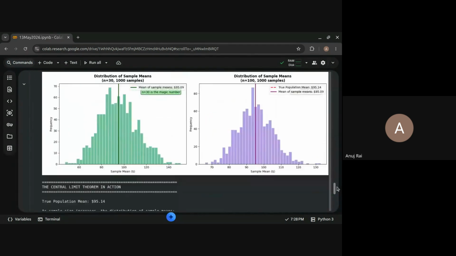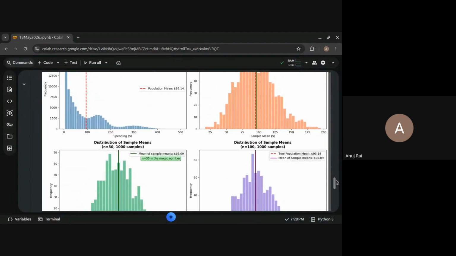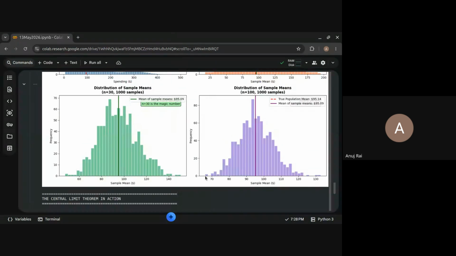Here you can see that if you increase the sample collection process, it tends to form a normal distribution. Here n equals 100. You can see the mean is around the center, and it is not skewed either right or left. It is centrally aligned data.